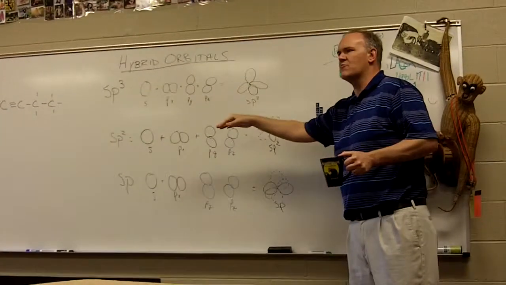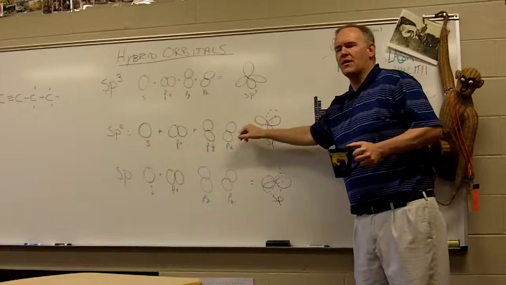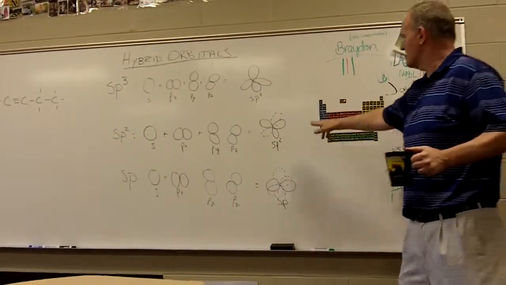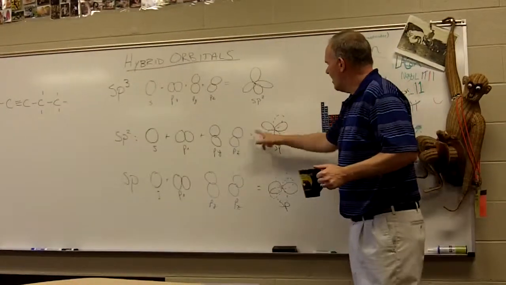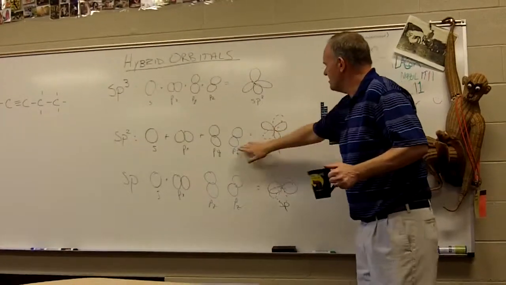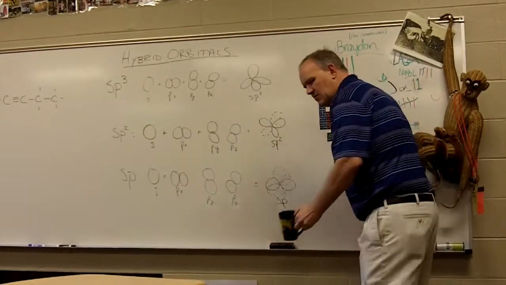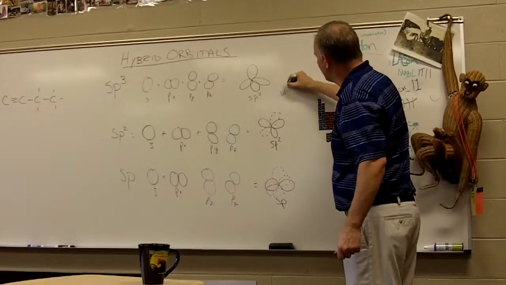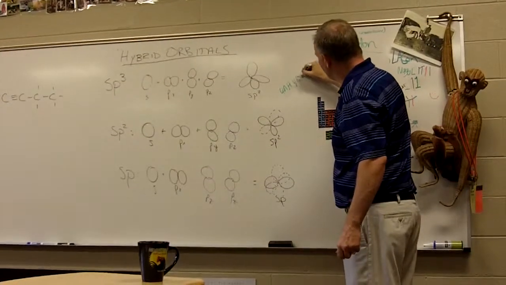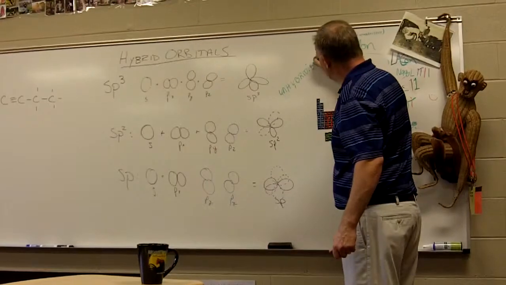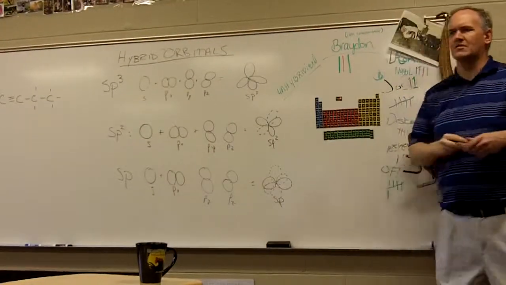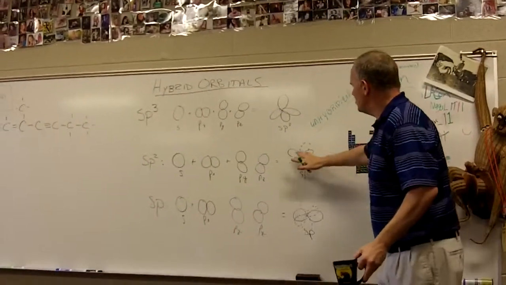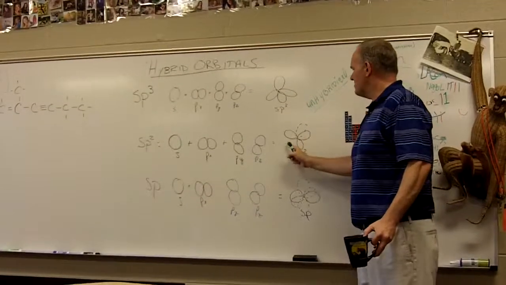I've left that as blue, and I've made it dotted. The term for the one that did not go into the hybrid is an unhybridized p orbital. We didn't throw it into the mix. It's still its own thing. So here is an sp2 orbital with this unhybridized p.